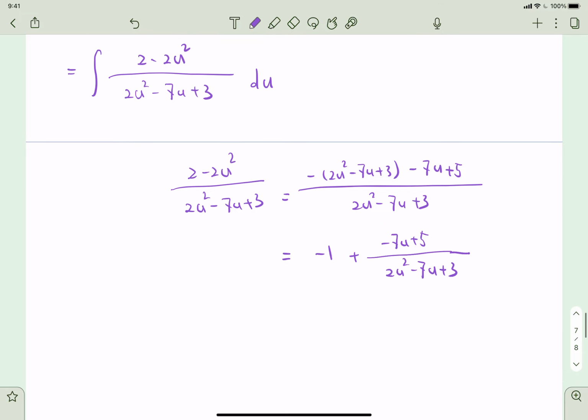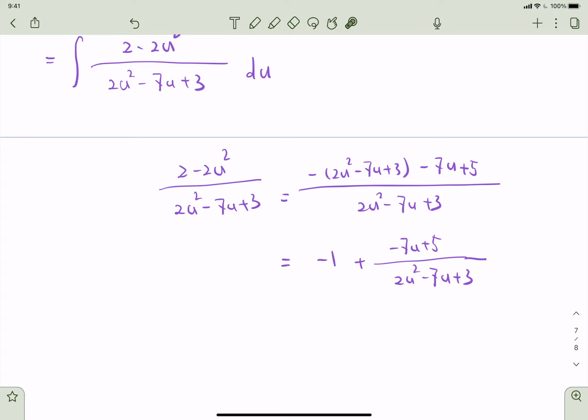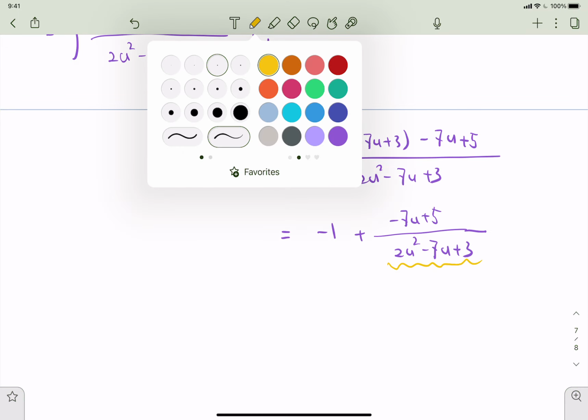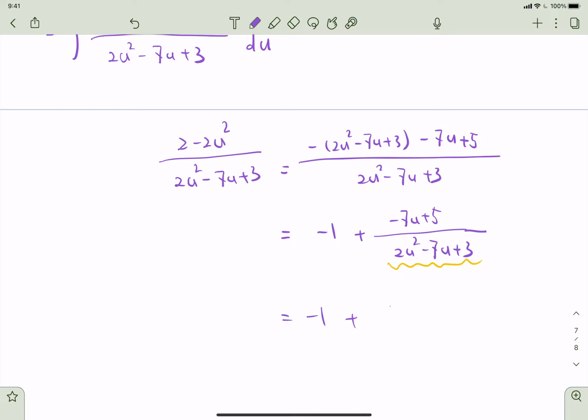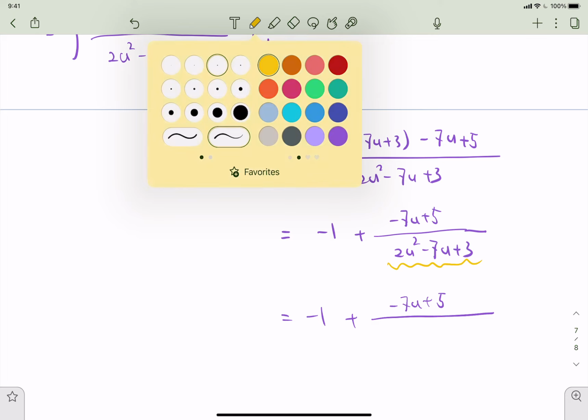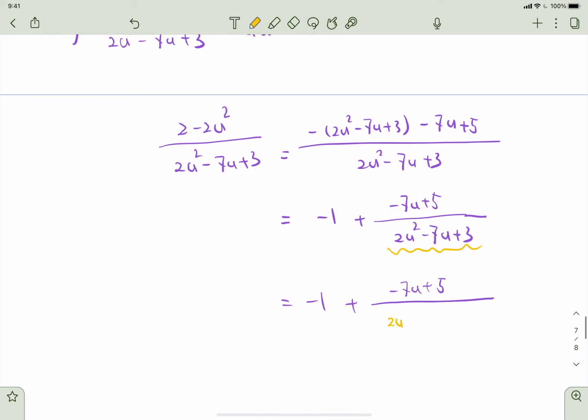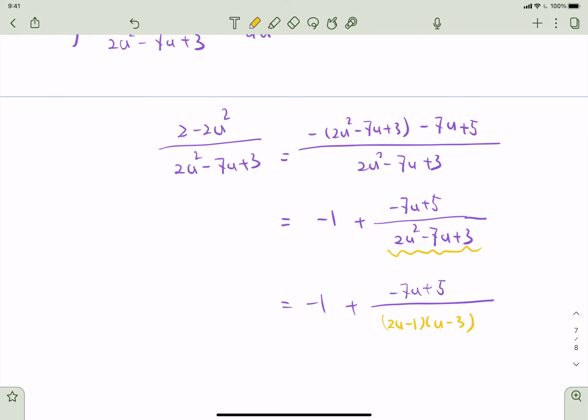After that, the power on the top has been reduced. Then we need to make sure the denominator is irreducible. Is it irreducible? No. We can factor it as 2u minus 1 and u minus 3.